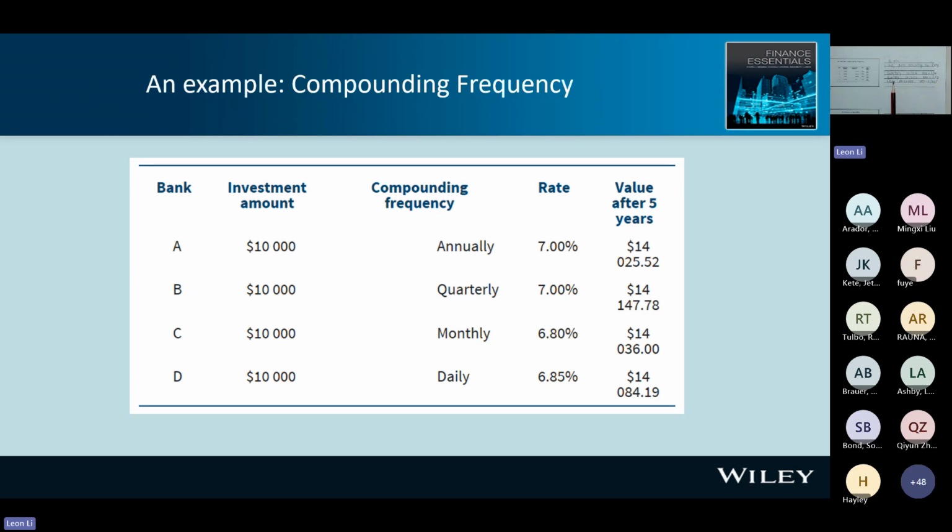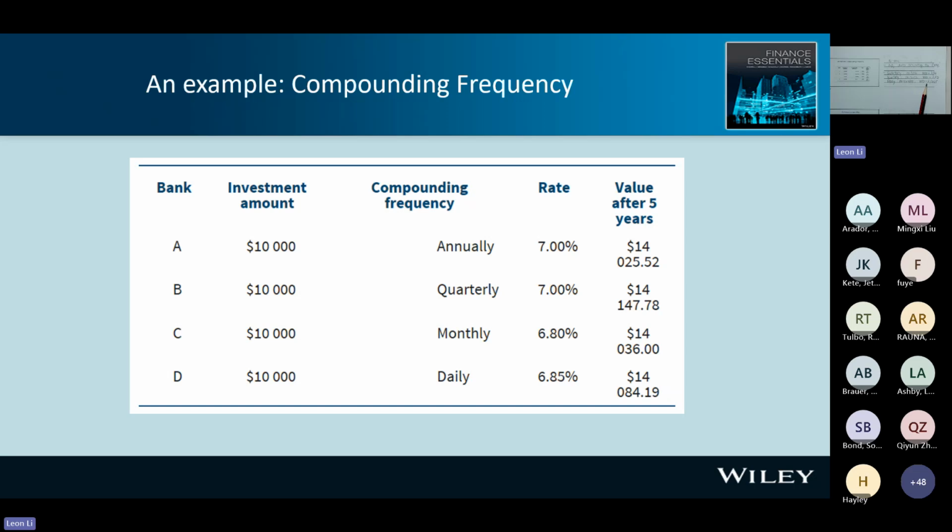Right? Daily, if we have compounding frequency daily, that means we have interest on interest every day, right? Every day. And now you can see how we adjust our data. Number of periods, 5 years times 365, right? 365 days a year.